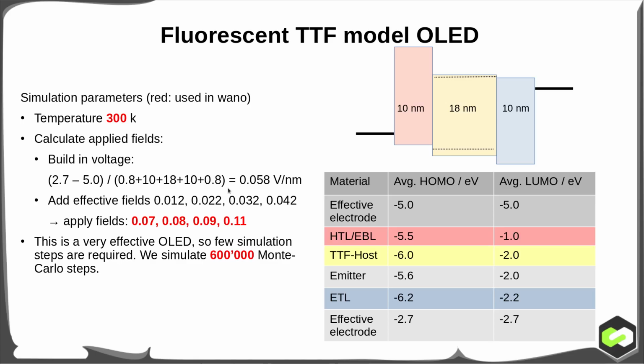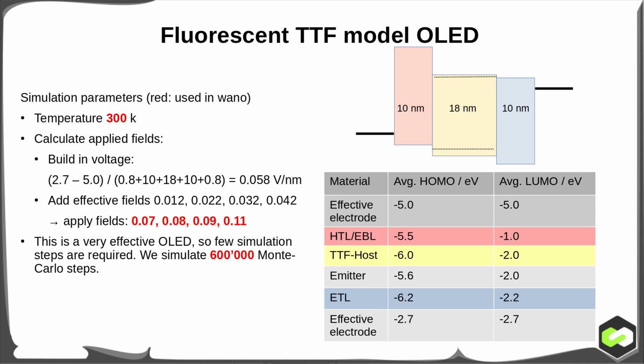So since we have one electrode with a 5 eV work function, the other one with 2.7, and we have a device thickness of 10 nanometers plus 10 for the transport layers, 18 for the emission layer, and a distance of 0.1 nanometer each between electrode and transport layers, we have a total field of 0.058 volt per nanometer due to the inbuilt voltage of the system, due to the difference in work functions.